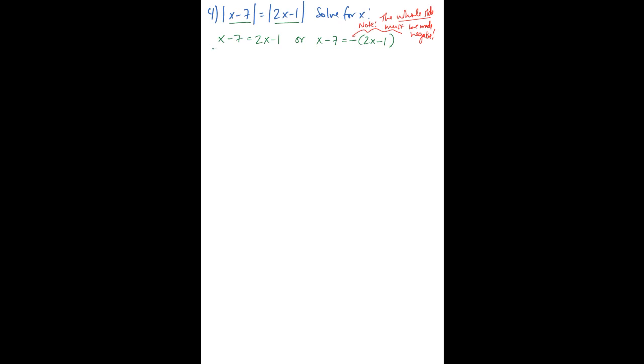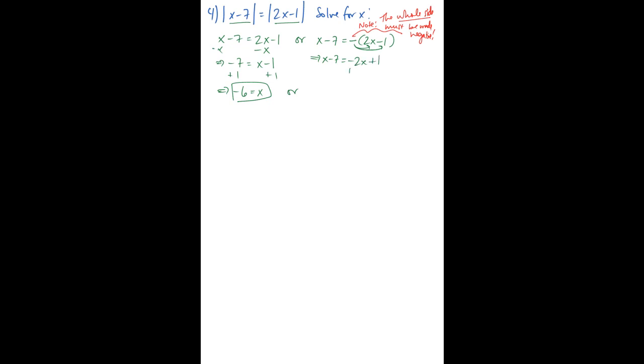So over on the left, I might subtract x from both sides. So we'll get negative 7 is equal to x minus 1. I'll add 1 to both sides. So we'll get negative 6 is equal to x. So that's one possible solution. Over here, similar thing. Let's distribute the negative sign to both pieces. So I get x minus 7 equals negative 2x plus 1.